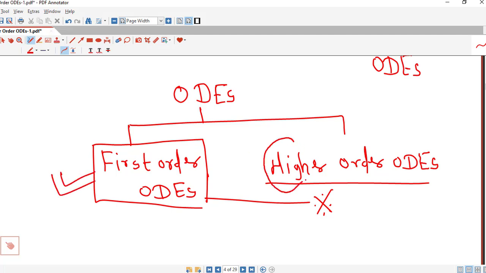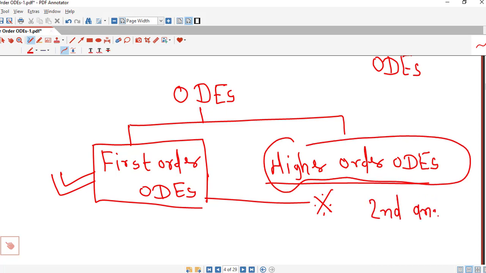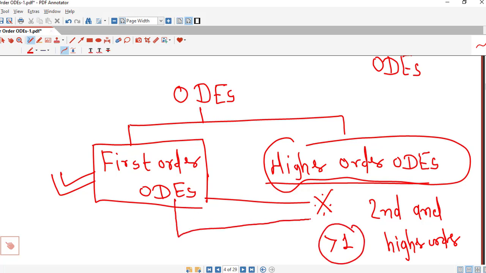Now we are going to discuss the methods of solving differential equations of second and higher order, or differential equations of order greater than 1. So never apply the methods for first order to these equations.